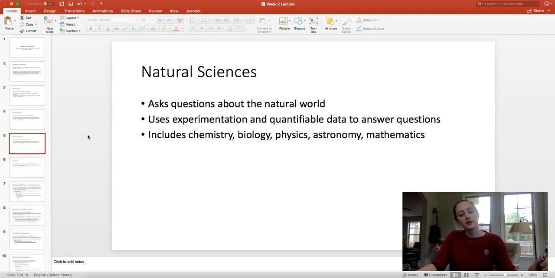Now there's one that I don't have up here, but I think it's really important for you to know, and that is the applied fields. The applied fields are things like education, or, like many of you who are in the agriculture major, you plan to go into agriculture. Those take the questions, ideas, and research from one or more of these other disciplines, so humanities, social sciences, and natural sciences, but apply them to a specific purpose.